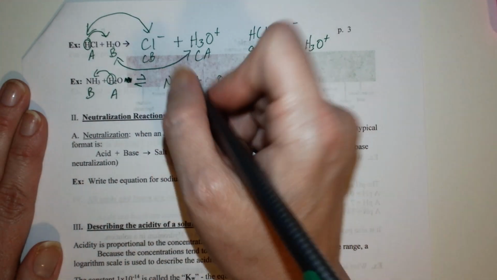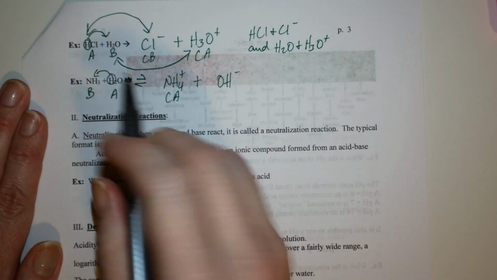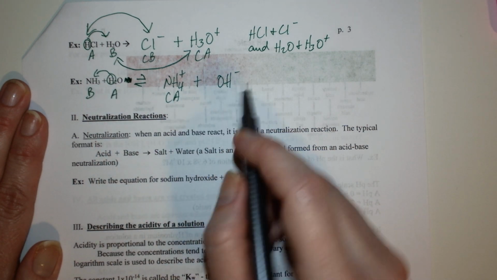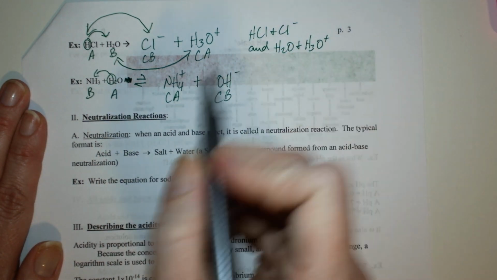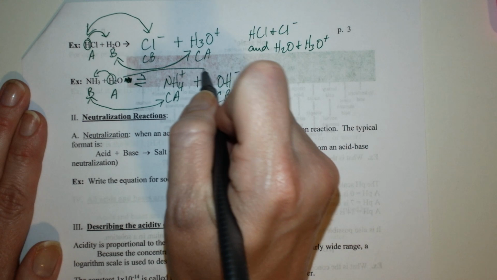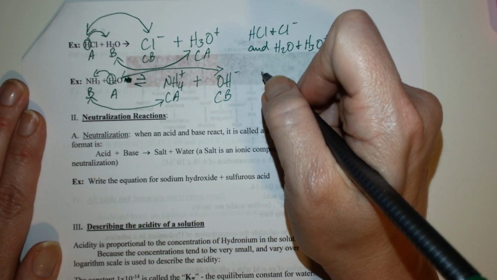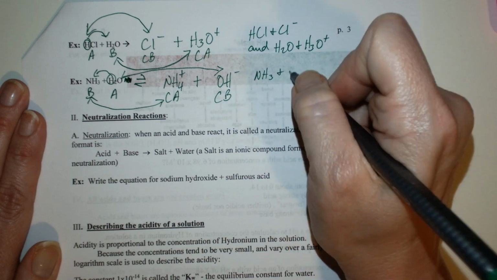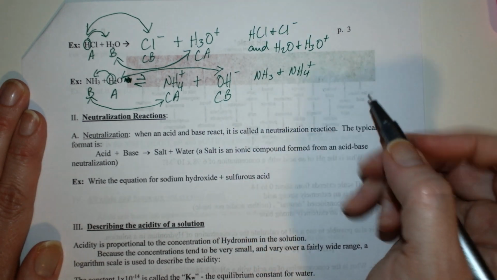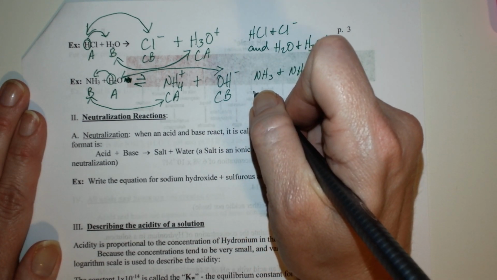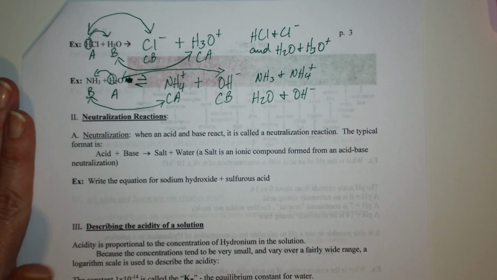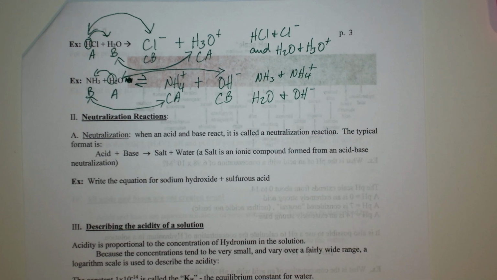The base becomes the conjugate acid, and the leftovers, after the acid cleaves off one of its hydrogens, is the conjugate base. In this case, NH3 and NH4 go together, and H2O and OH go together. So those are the conjugate acid-base pairs. Or this is the base and conjugate acid, and the acid goes with the conjugate base. And that's the end of lesson 3.